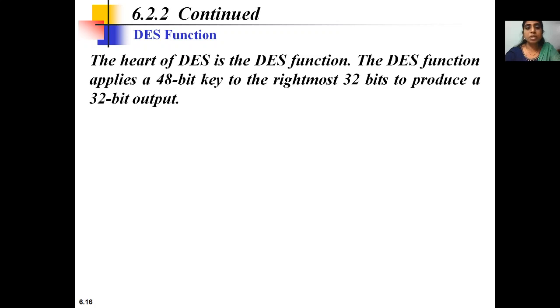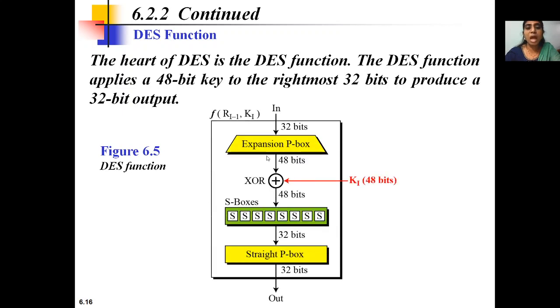Coming to the DES function, the round function becomes the heart of the DES function. How this DES function works is we take a 48 bit key and the rightmost 32 bits to produce the output.